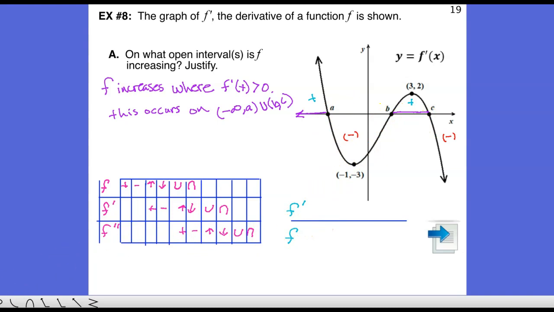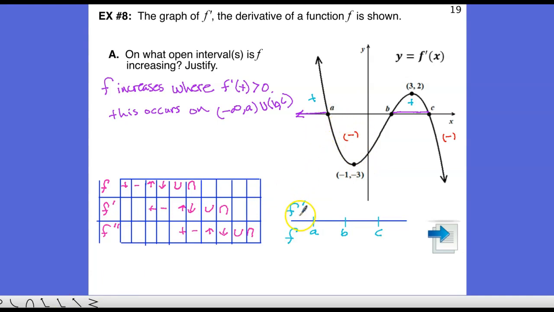So we can put our critical values in, and now we can look at f prime and determine where it is positive and where it is negative.